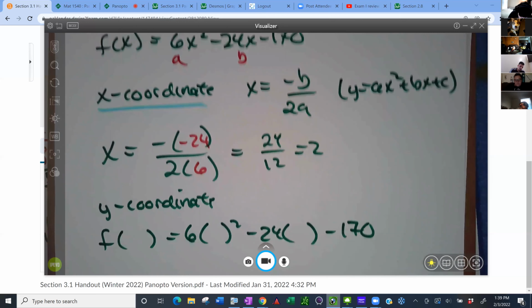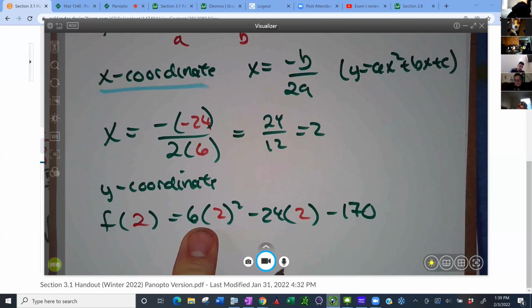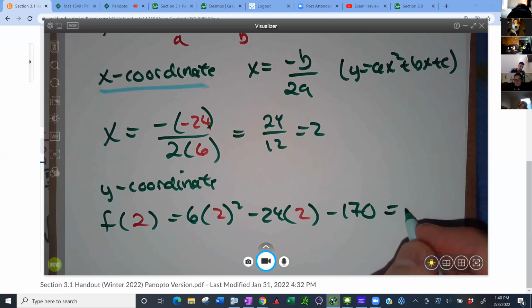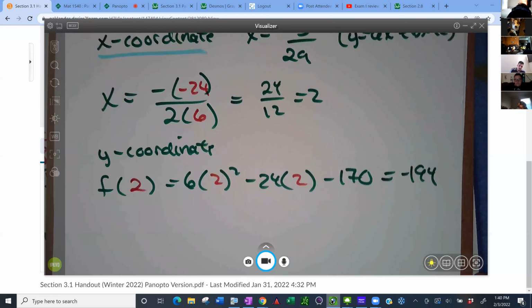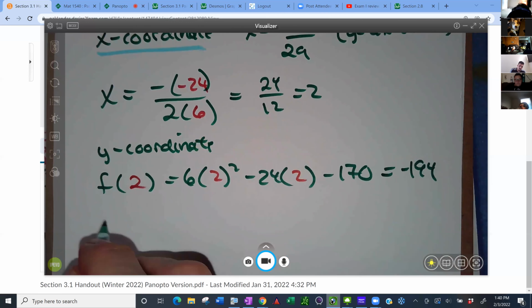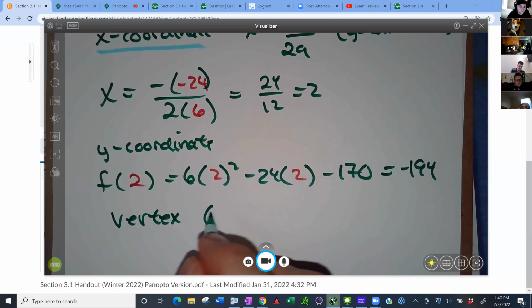So if I plug in a 2, I get 24 minus 48 minus 170 should be negative 194. Yay. So overall, my vertex is 2 and negative 194.